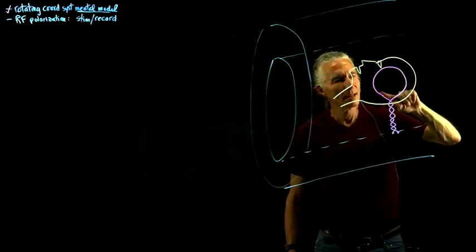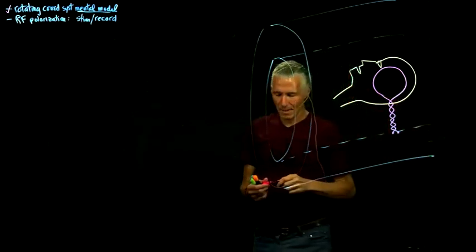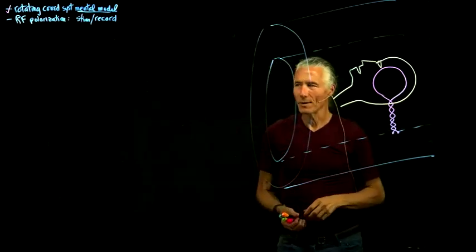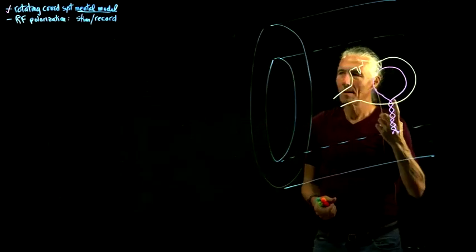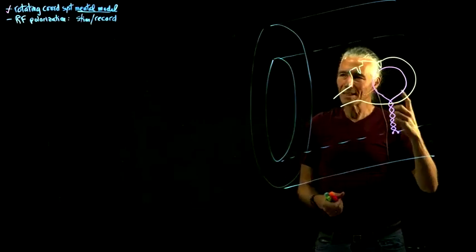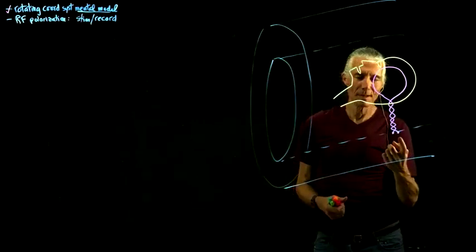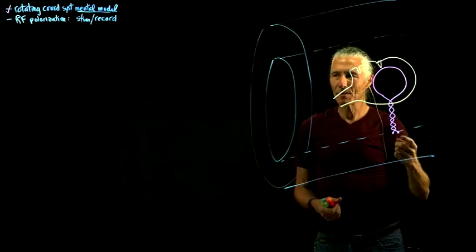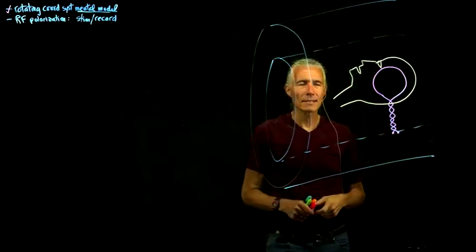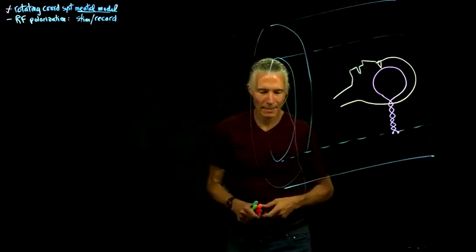And if we run current through that coil and rapidly change it back and forth, like put positive current in and then quickly change it to negative current, back to positive current, that's going to make an oscillating magnetic field.